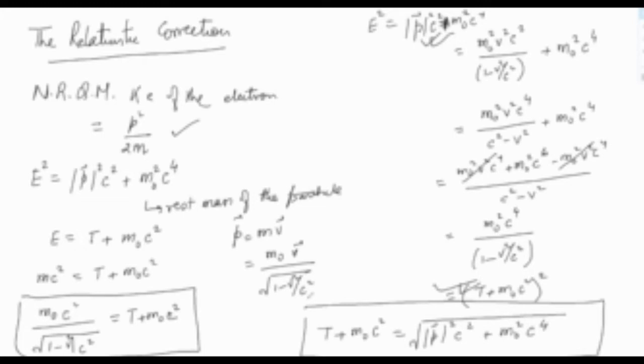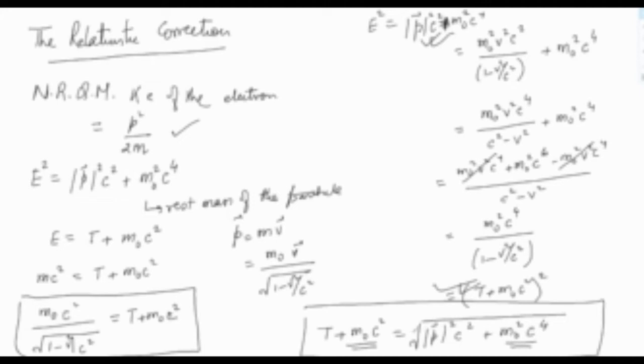Now I am changing the slides. What I am going to do is bring this m naught c square to the right hand side, and in this expression I will take m naught square c to the power 4 common.